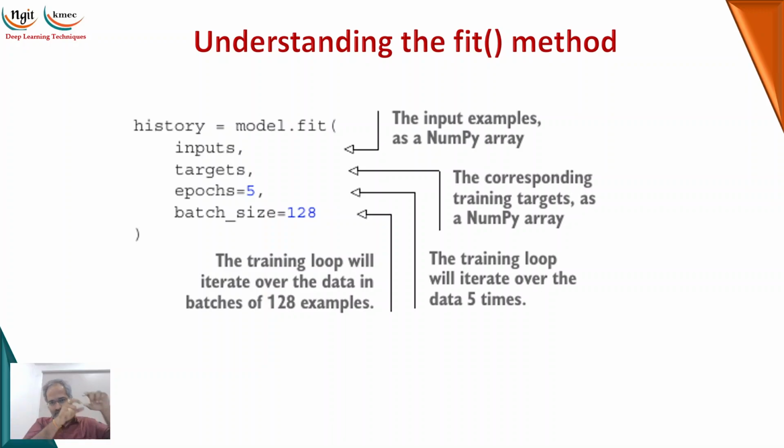Then again it takes the next 128 records and updates the weights. Next again 128 records and update the weights. Like this, it performs the operations batch-wise. This we will also discuss as part of the stochastic gradient descent and gradient descent concept: batch gradient descent, stochastic gradient descent, and gradient descent.